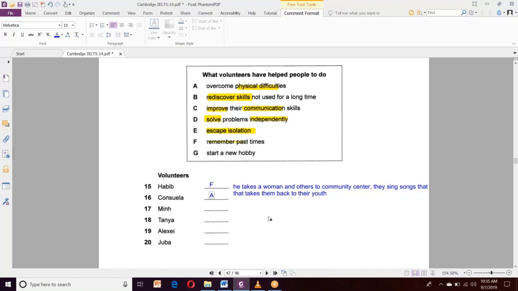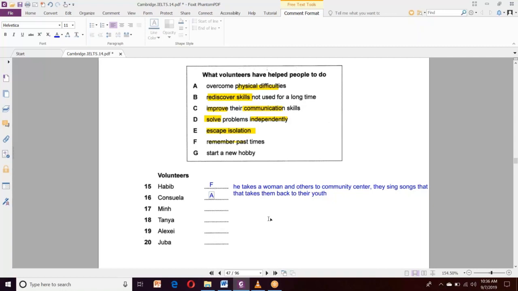This woman that stopped walking, right? So when they talk about stop walking, that's a synonym for what? Physical difficulties.